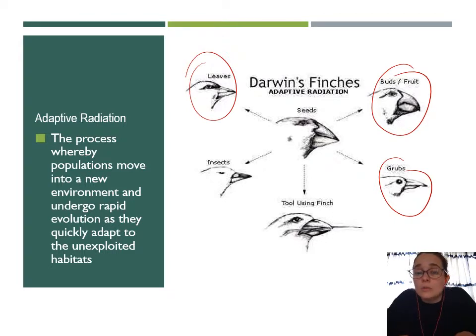Now they are all finches, but they have adapted, they have changed to suit their environment and the foods that they are eating. We spoke about this with natural selection, and adaptive radiation sits within there as well.